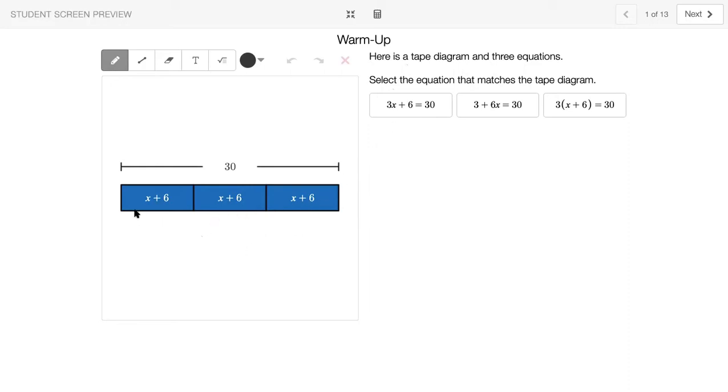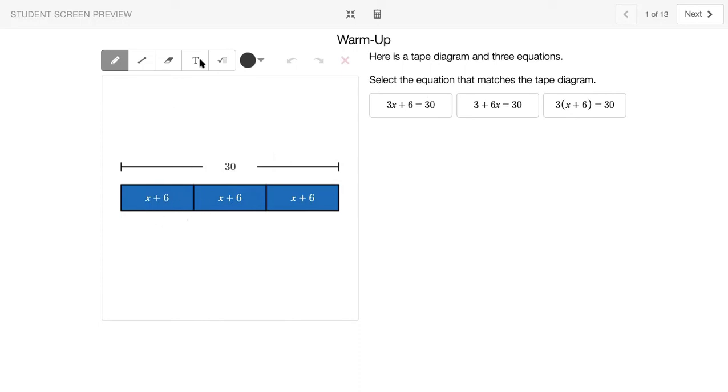The tape diagram shows 3 boxes that have x plus 6 in each of the boxes. And then it shows that the full collection of those boxes is equal to 30. So right now, any of these could be the tape diagram because they're all equal to 30. But now we're looking for one that looks like what's here.